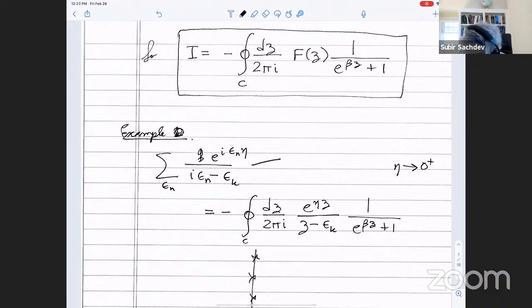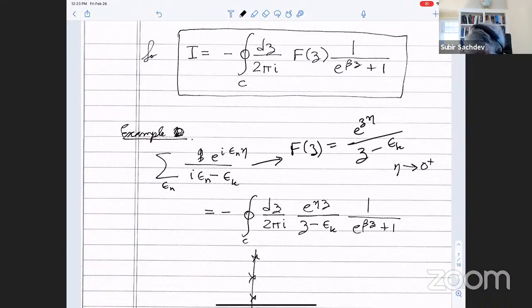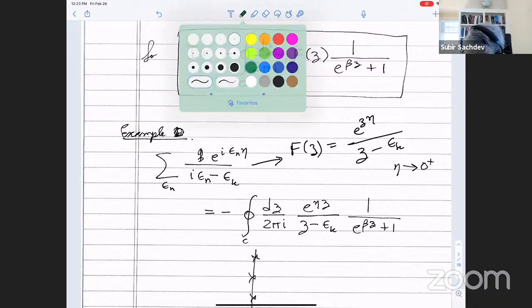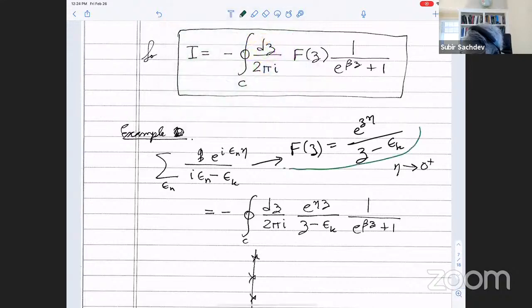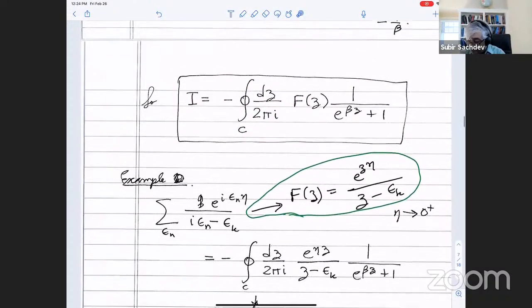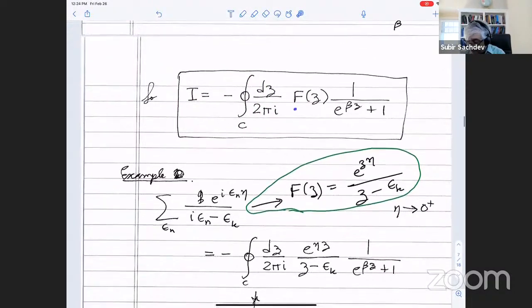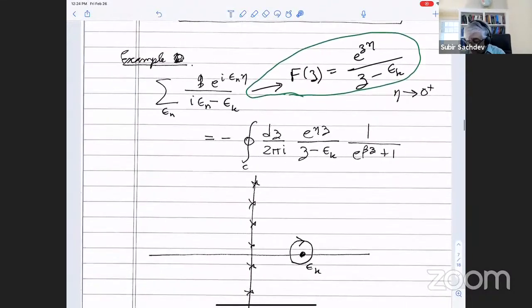Our f of z is equal to e to the z eta over z minus epsilon k. We just plug that into this expression, and I get this. I have to evaluate this expression.